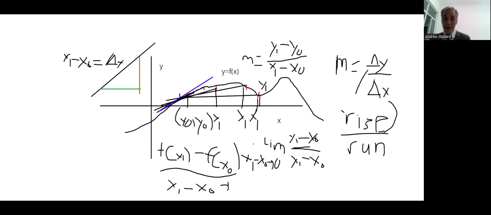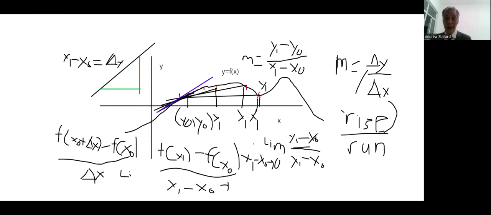So we have f of x naught plus delta x minus f of x naught all over delta x, and we take the limit now as delta x approaches 0. Okay?